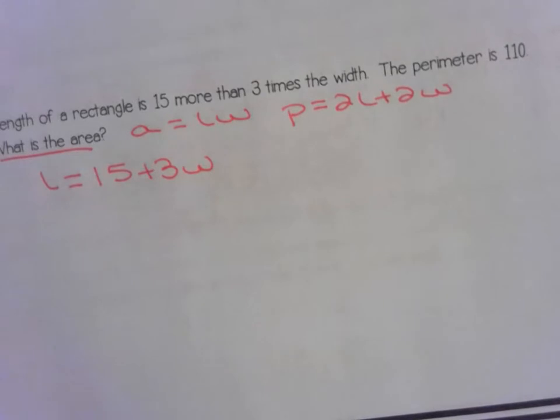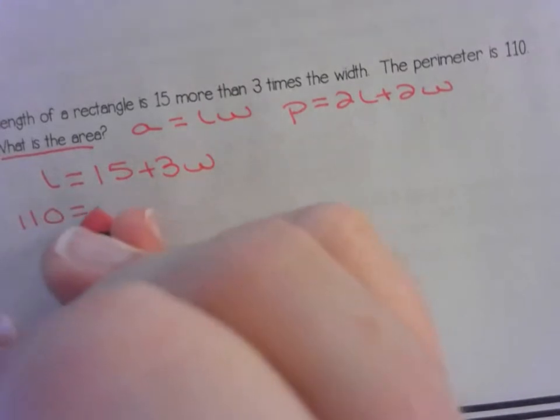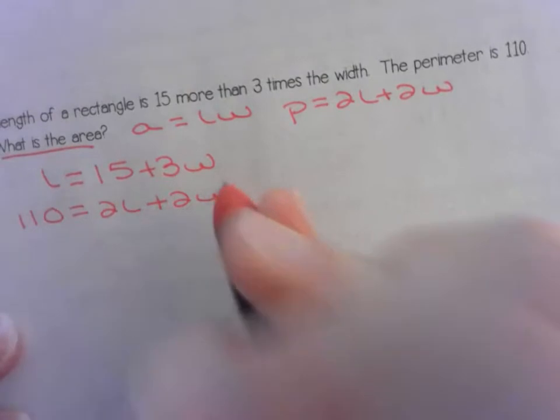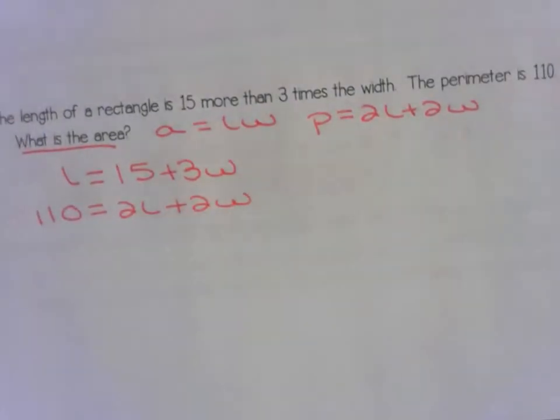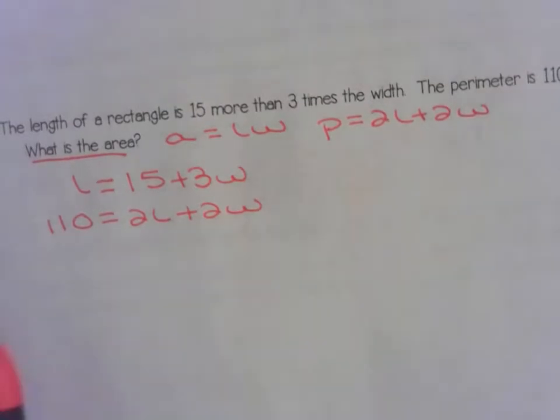P equals, right now I'm at 110 equals 2L plus 2W. They tell me the perimeter, so plug the perimeter into the perimeter formula. So 110, which is P, the perimeter, is 2L plus 2W.